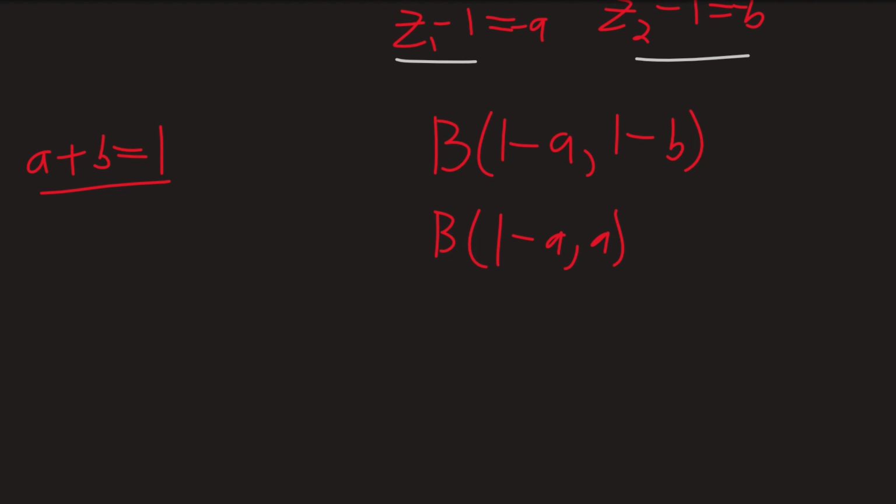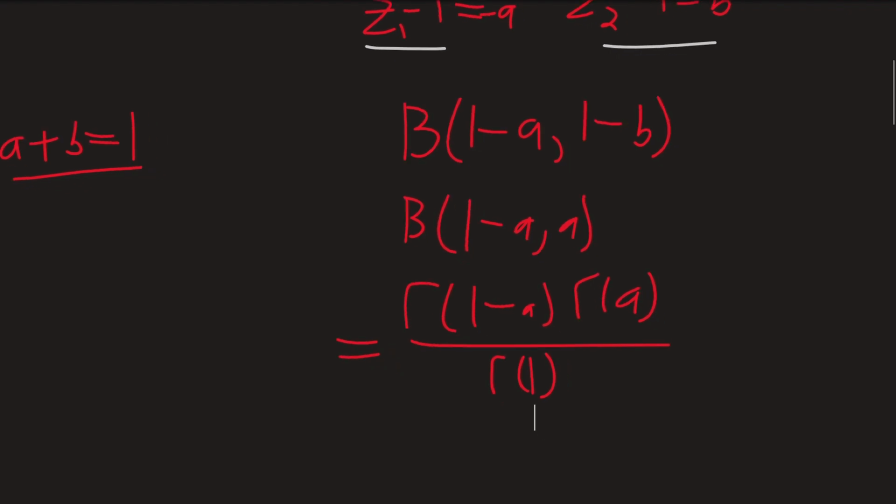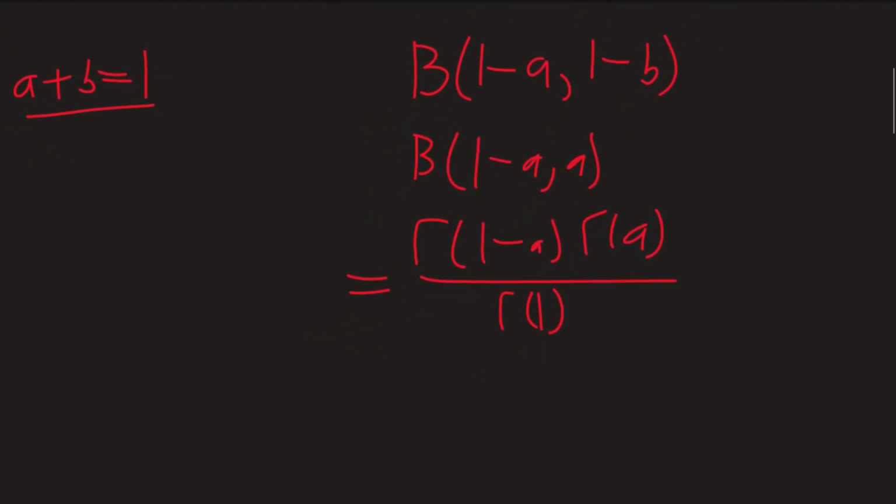Meaning that if we put this in terms of the gamma function, this is just gamma of 1 minus a times gamma of a over gamma of 1 minus a plus a, which is gamma of 1, which is just 1. But we can simplify this even further by Euler's reflection identity, which is quite literally just this bit right here.